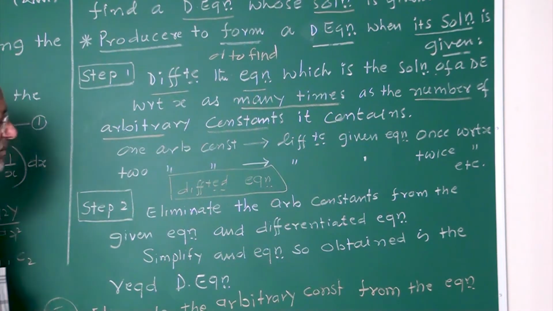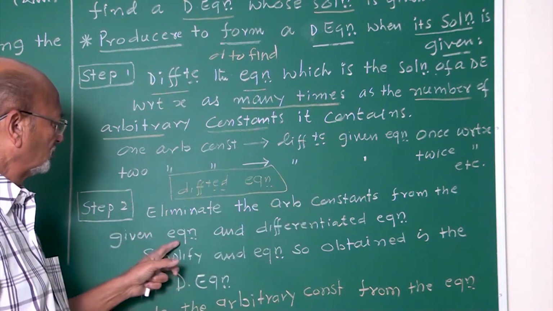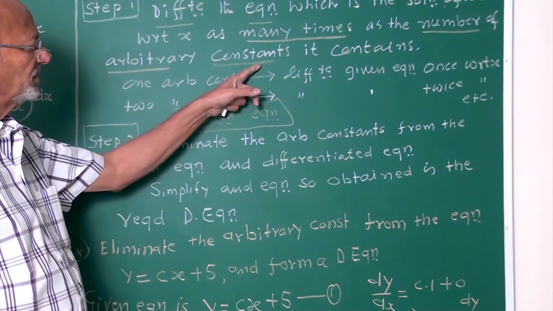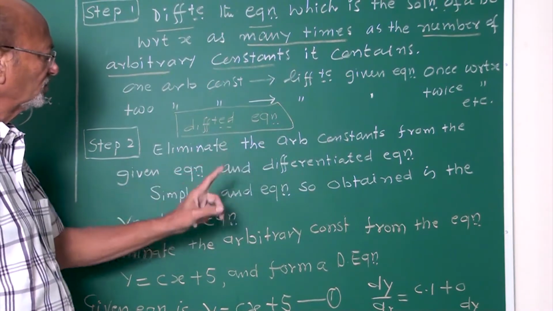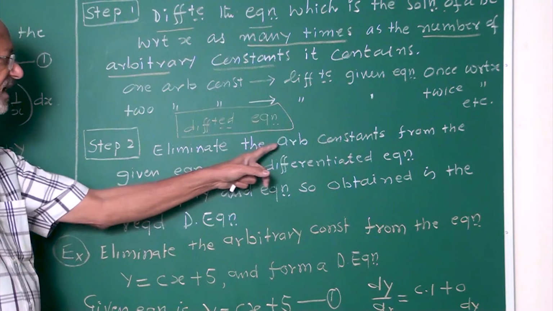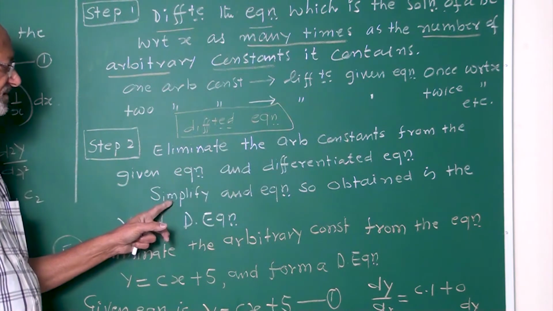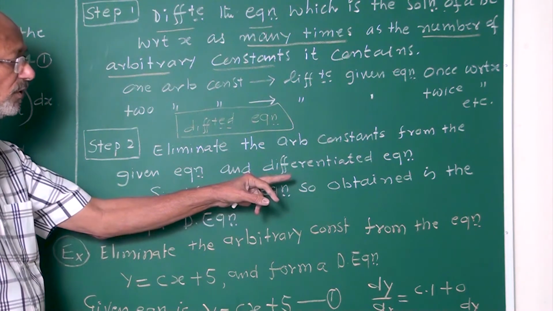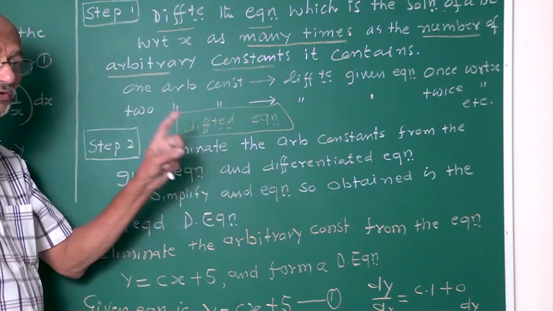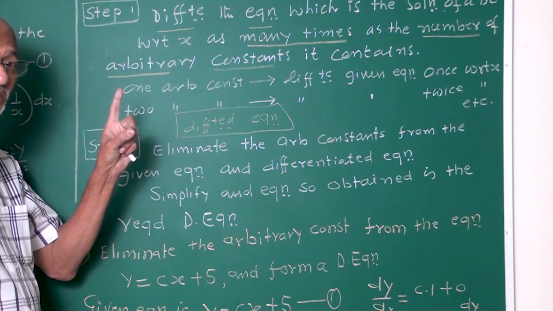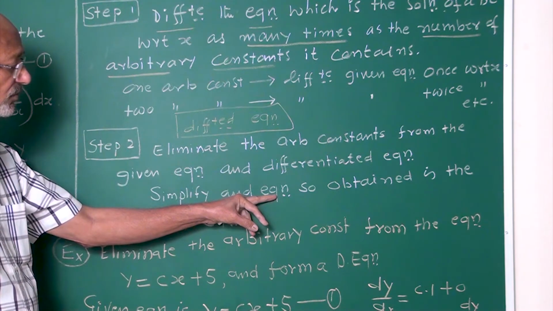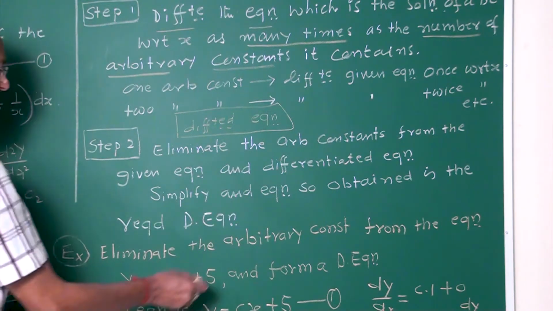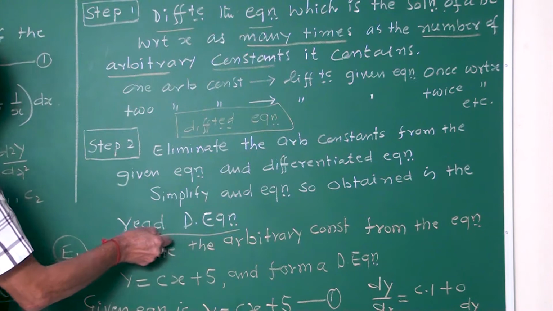Then you have to eliminate the arbitrary constants from the given equation as well as the differentiated equation. By making use of these two equations, you must eliminate the arbitrary constants. If necessary, simplify it. After simplifying, the equation so obtained, which is free from arbitrary constants, is known as the required differential equation.